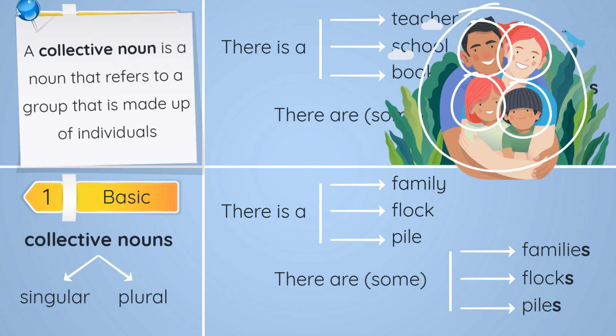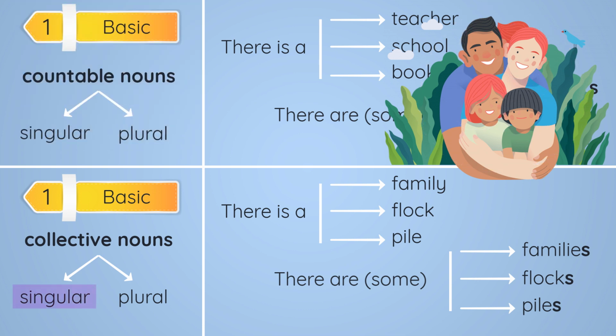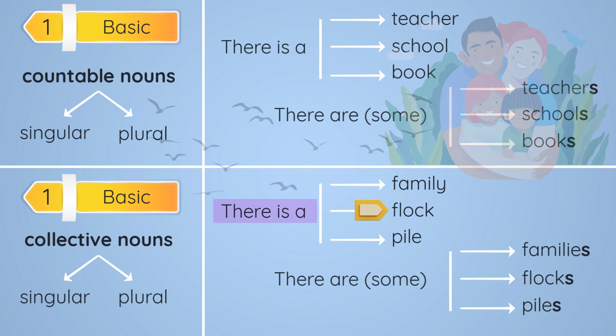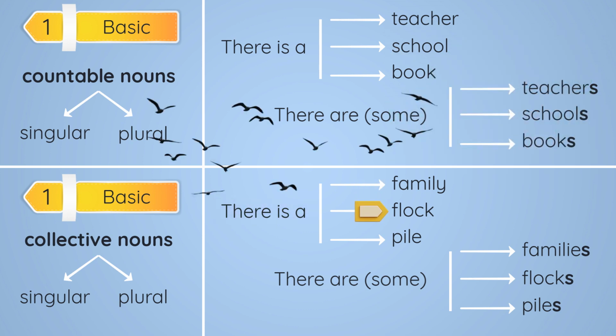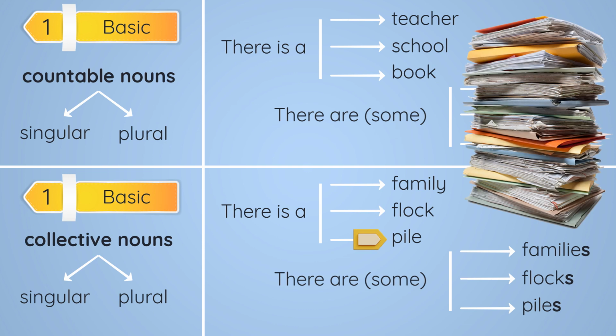So with collective nouns also, we have a singular form and we have a plural form. There is a family at the park. There is a flock of birds, a group of birds in the sky. There is a pile of papers on my desk. A pile means like a stack, everything is piled up.